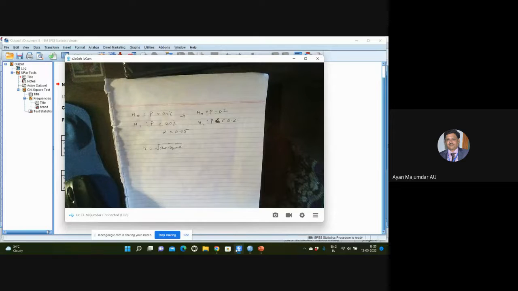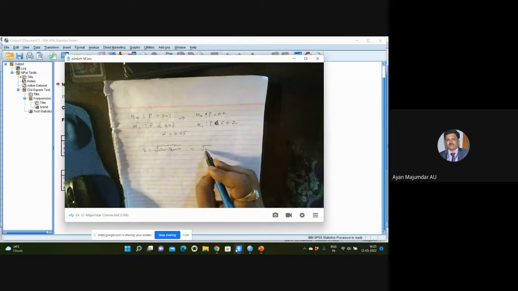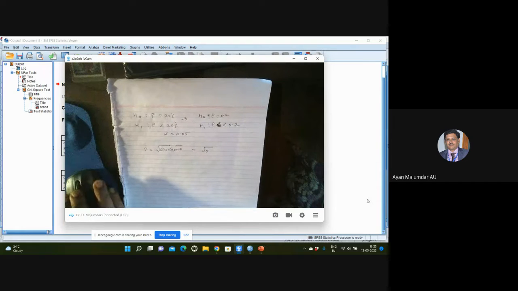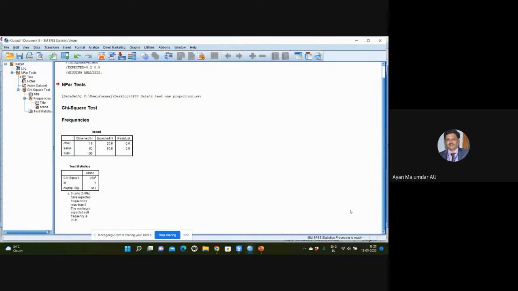The chi-square value is 0.25. Square root of that will come to 0.5. So this is the Z score. Indirectly, we are computing it from the chi-square.